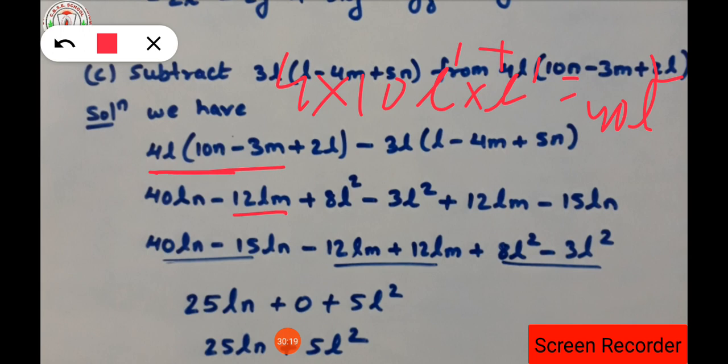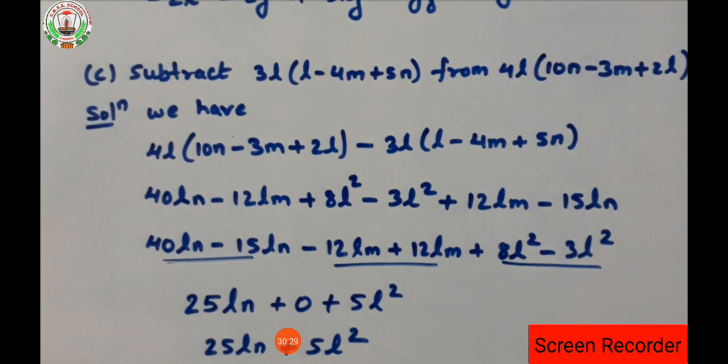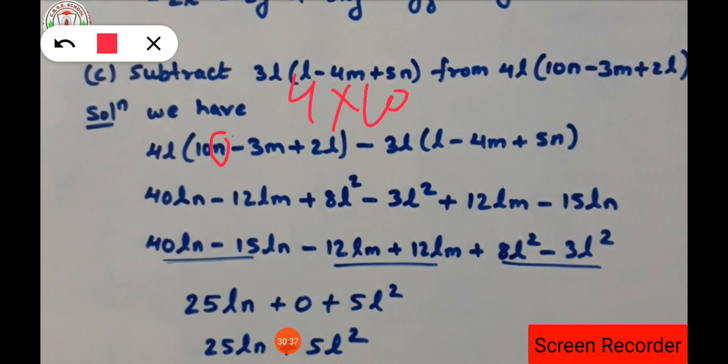Then 4l will multiply with 2l, so it will become 8l square. So here, I think it will be 40, as 10n is here. As 10n is here, not l is here. Here I thought it is l, but it is 10n. So 4 into 10 will be 40, and l into n is how much? It will be 40ln. Okay.